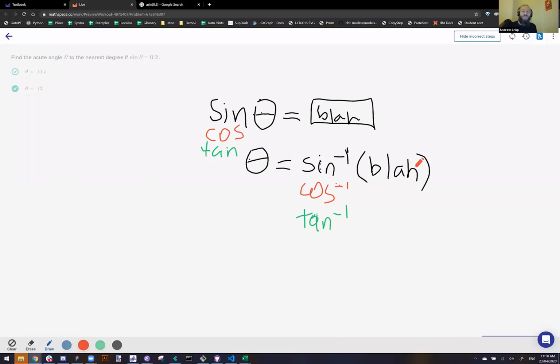So whenever we are finding angles, what we really want is to get it so that it's sine theta, cos theta, or tan theta equals something. And then we're going to do the inverse to get the angle we're looking for on its own. And that's what these first few questions in this subtopic are focused on us doing.